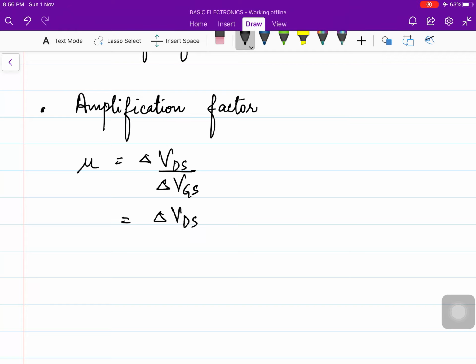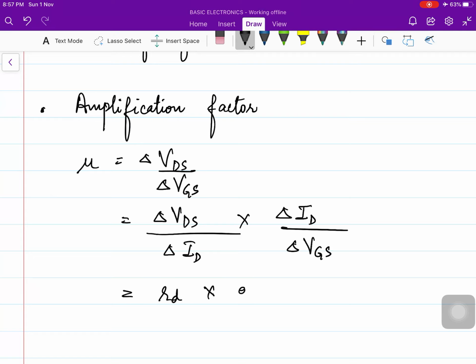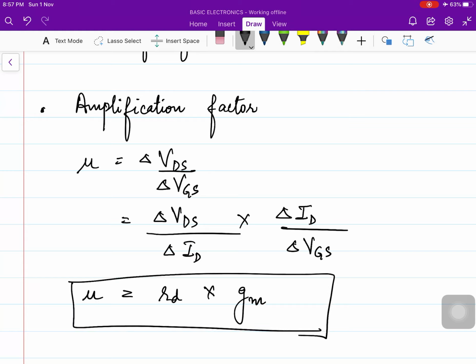You can also convert this formula by just dividing and multiplying by ID. So you will get rd, the dynamic resistance, and gm, the transconductance. So amplification factor is also given by dynamic resistance multiplied by the transconductance.